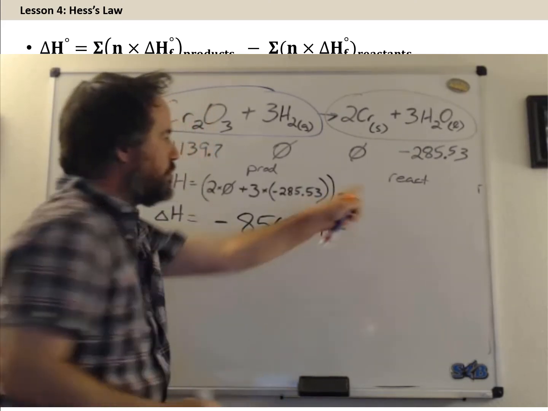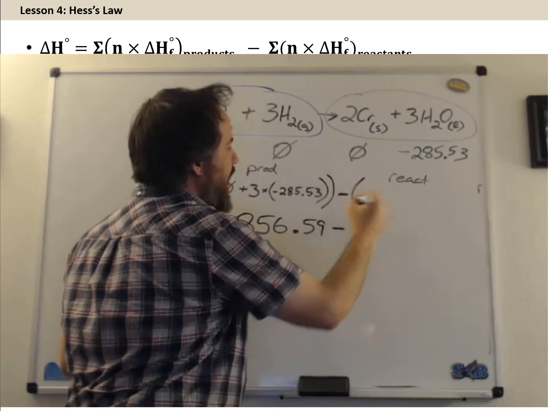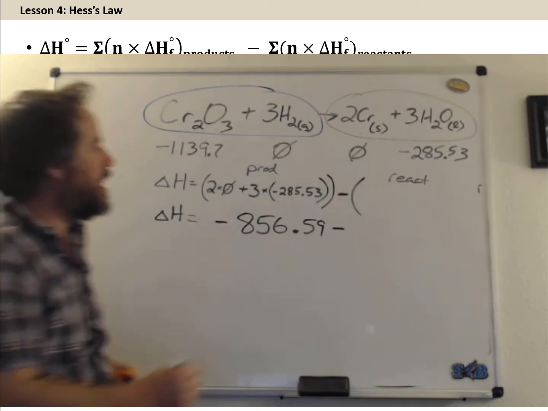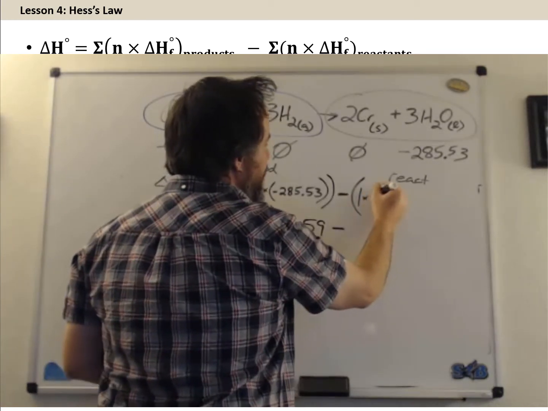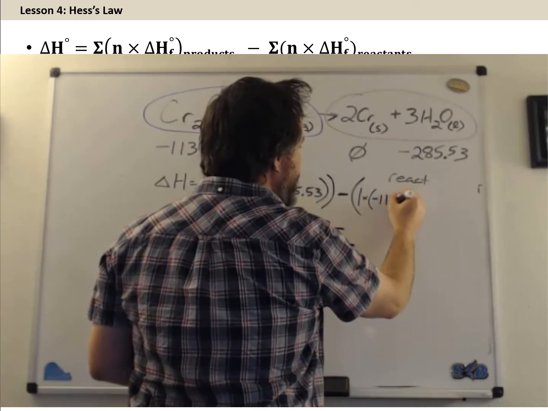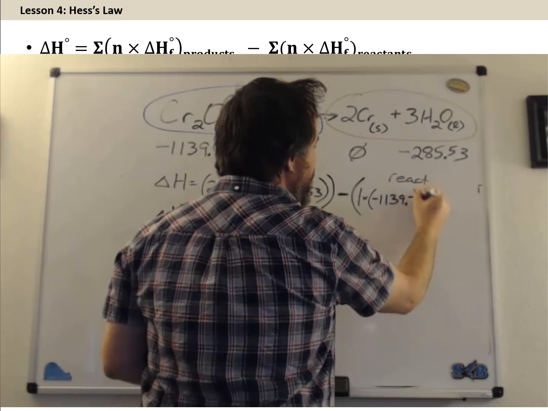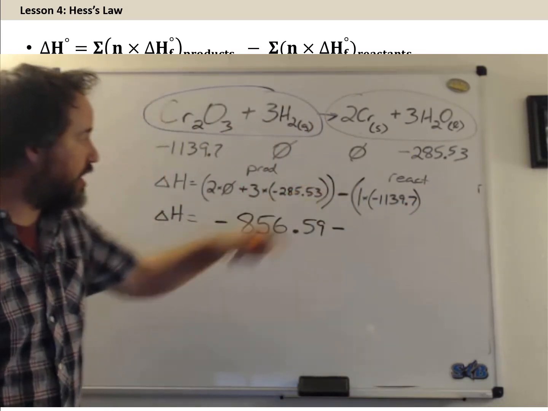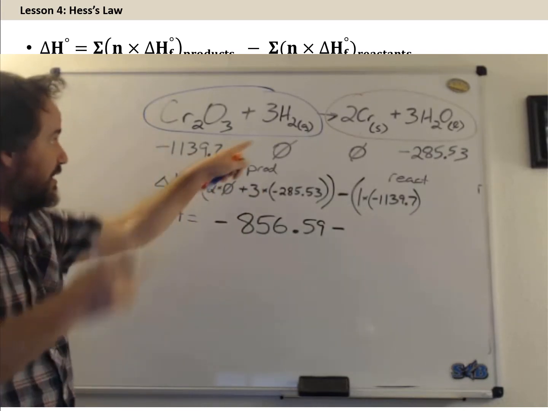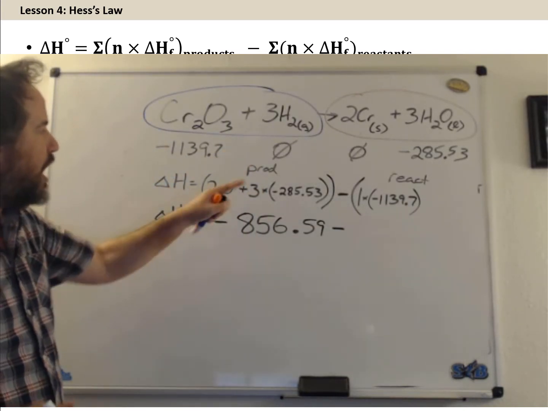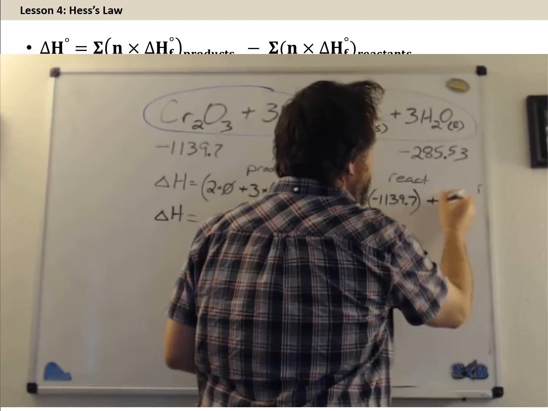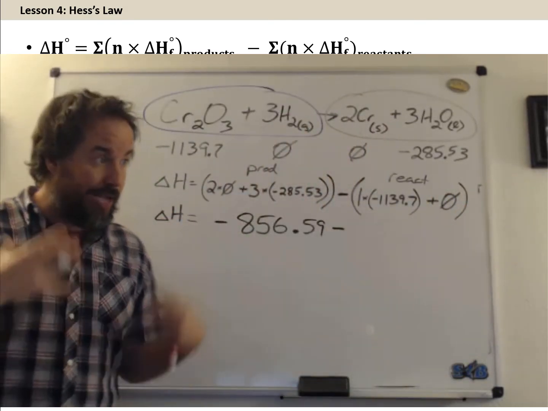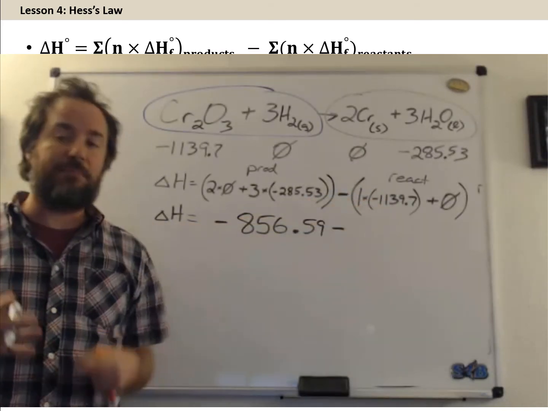And then I'm going to subtract off the value I get for my reactants. I have 1 chromium oxide, so it's 1 times negative 1139.7. On a problem, do you have to include that 1? No, I'm just including it for clarity. In the same way, I don't have to put 2 times 0, I can just say plus 0. We know, based on grade school, anything times 0 is 0.